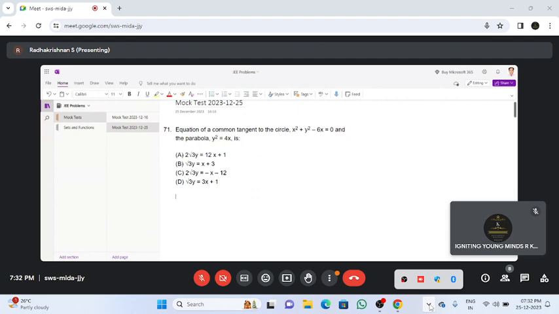Who tried this? Is there anybody who can explain this? No one tried? Santana Mariraj? Yes, sir. I omitted 71, sir, because I have no idea about this. Is that so? Okay, it is easy. They have taught you this, right? Circle, parabola. Sir, that is 11th, sir. So I have forgotten something. I want to revise it.